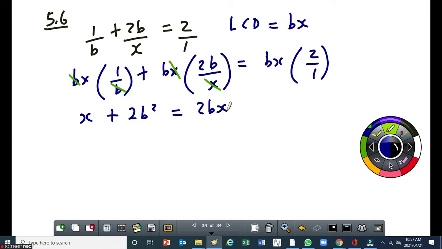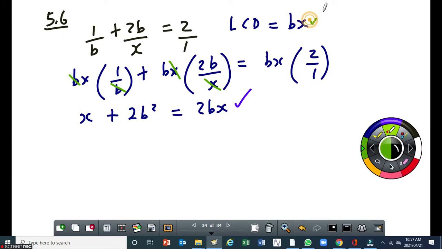Now, if you have this equation that I have, and if you manage to get it, give yourself a tick there. And also give yourself a tick for getting the LCD correctly. Now, once you get the last equation that I have there, it becomes easy.